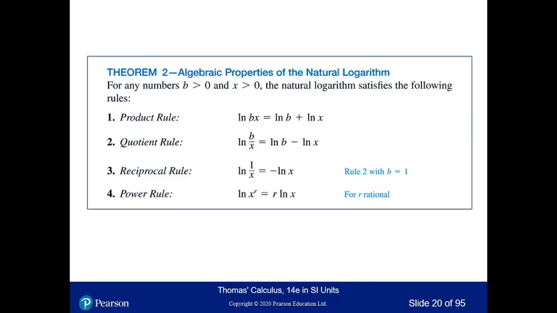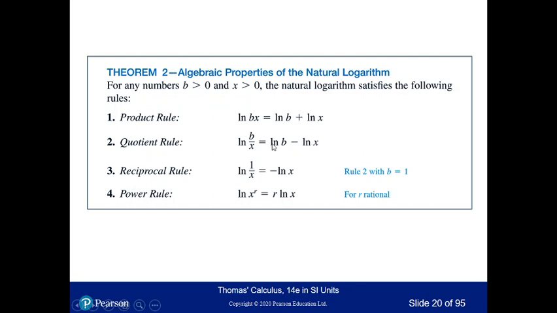Okay, what are the algebraic properties of the natural log? We have the product rule, the quotient rule, the reciprocal rule, the power rule. Let's see them. We take b a positive number, and x is a positive number because we have to be careful. Natural log of b times x is natural log of b plus natural log of x.